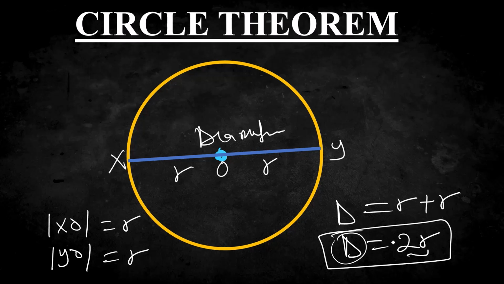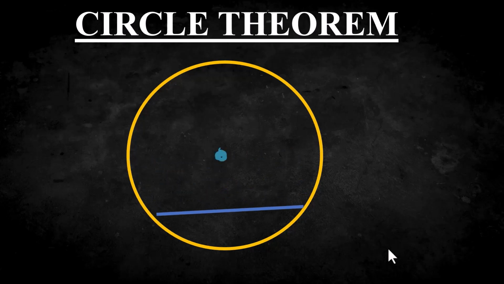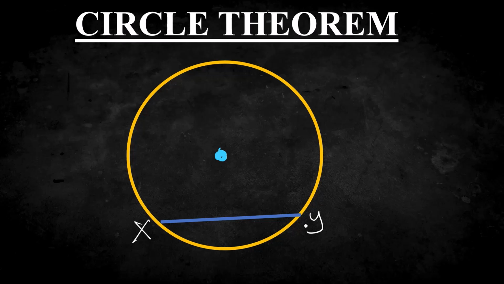All right, that's that. Now let's talk about a chord. A chord is a straight line joining any 2 points on the circumference, but does not pass through the center of the circle. So we can have a chord here, let's call this side MN.